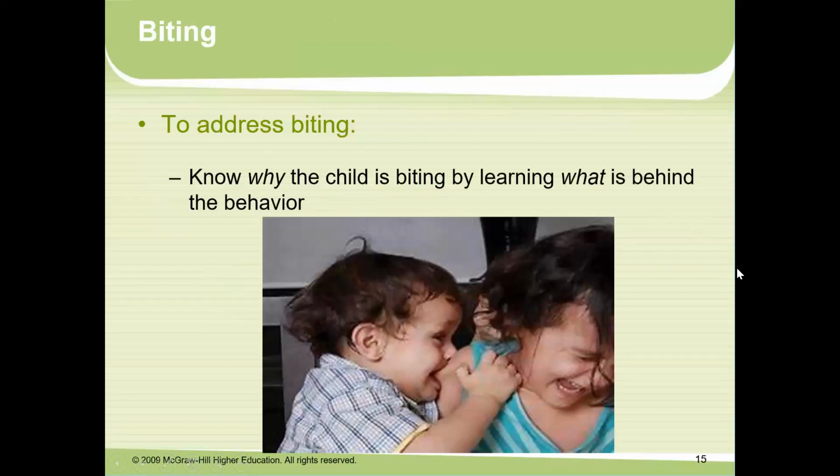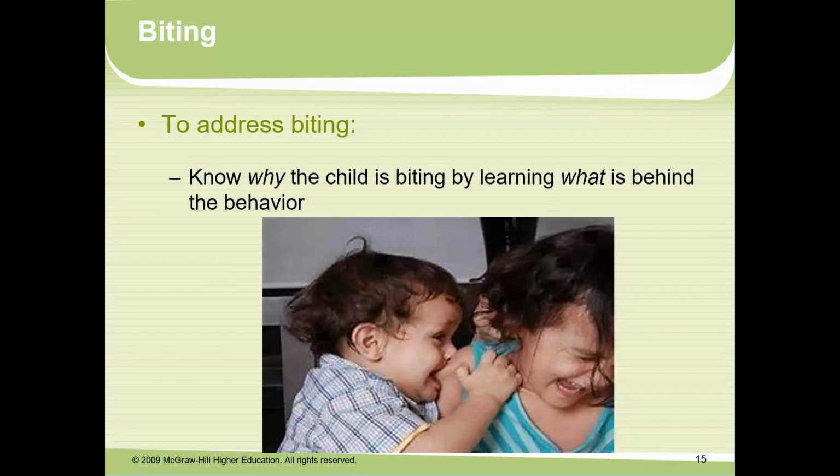When it comes to biting, people aren't very comfortable, but biting is very typical among toddlers. Emotions can be so overwhelming and overtake their ability to think clearly that the only way to get their message across is to bite someone, because it gets an immediate reaction.